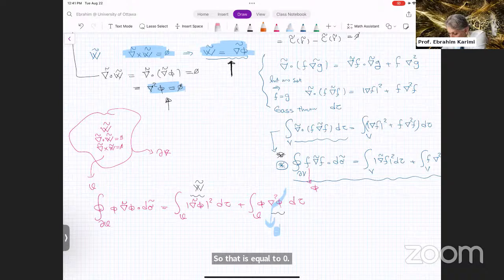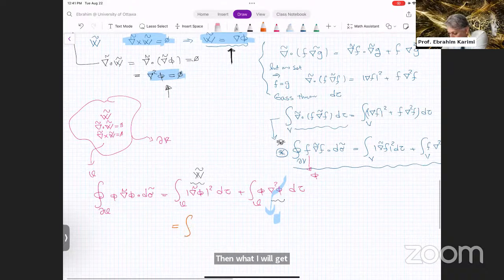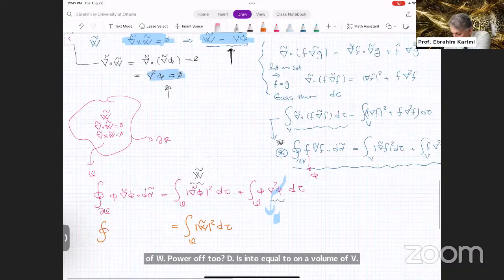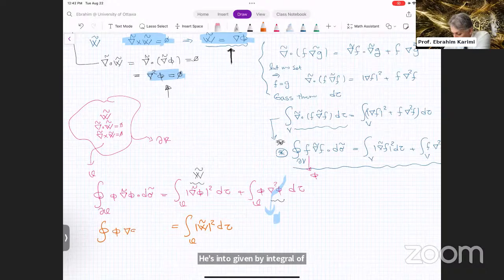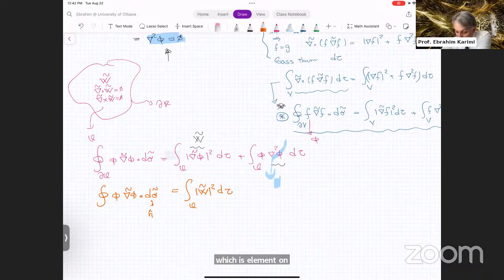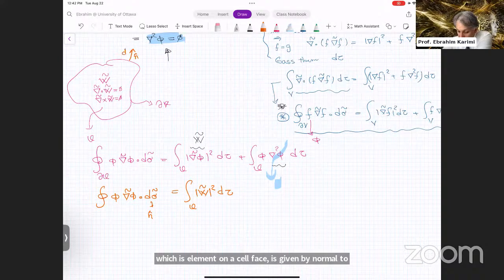Then what I will get here is the integral of the magnitude of W squared d tau, on the volume of V, equal to the integral of phi, gradient of phi d sigma. And if you remember, I said that d sigma, which is the element on the surface, is given by the normal to the surface, n, dA.